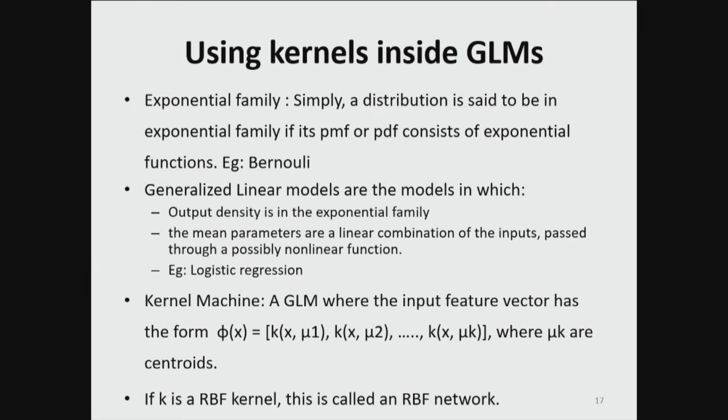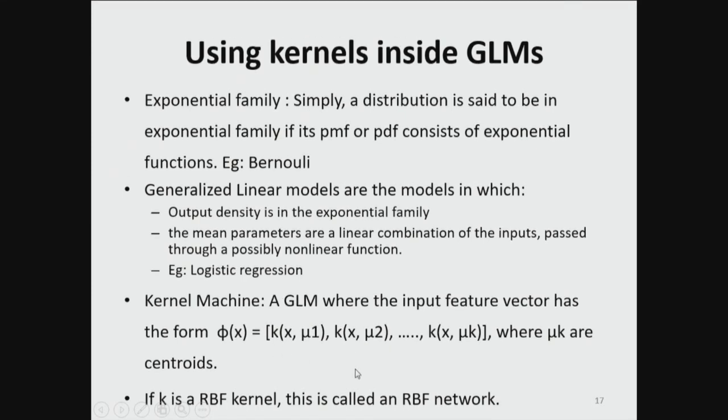K can be any of the kernel functions which we have seen earlier: k x mu1, k x mu2, etc., k x mu k. If the input feature vector has these k components, where each component is a kernel function value of some input and the corresponding centroid, then such a model is said to be a kernel machine.